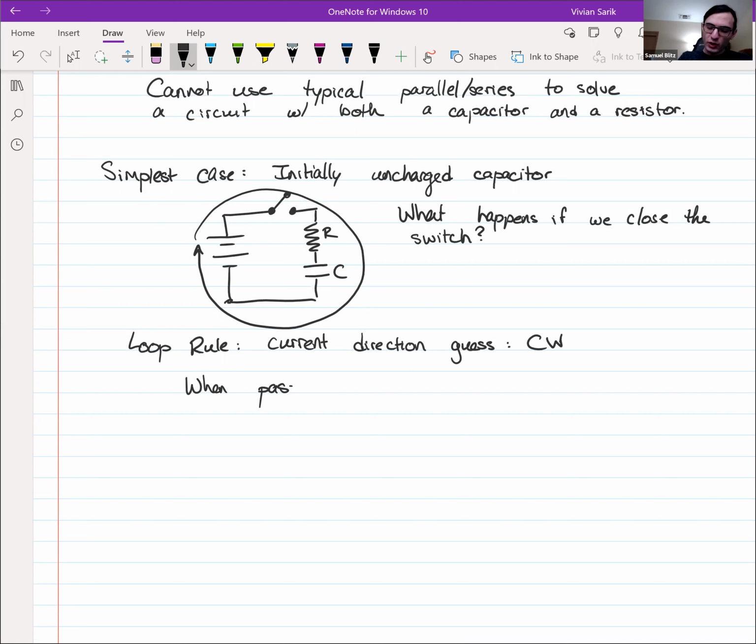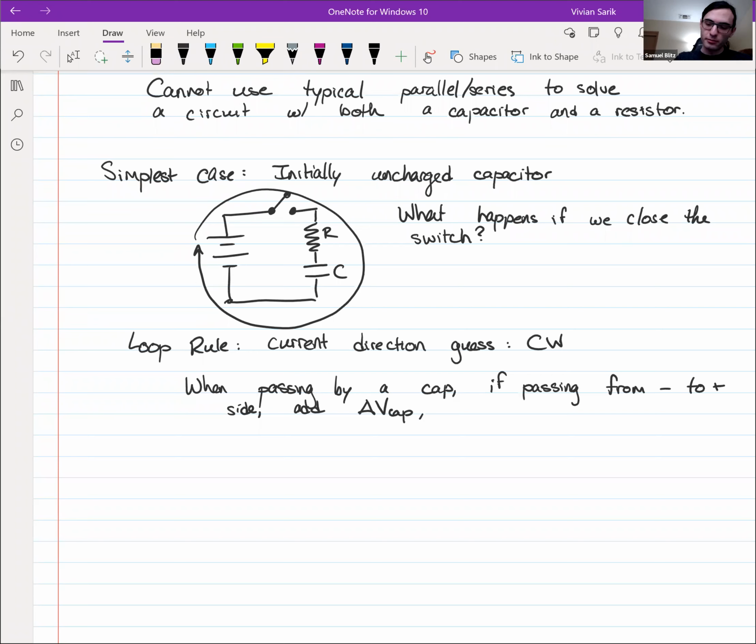It's basically just treated like a battery. So when you pass by a capacitor, if you're passing from the negative side to the positive side, you just add delta V cap, and vice versa.